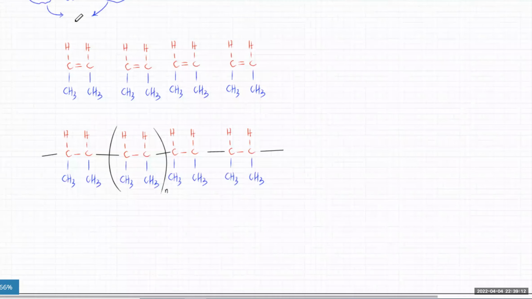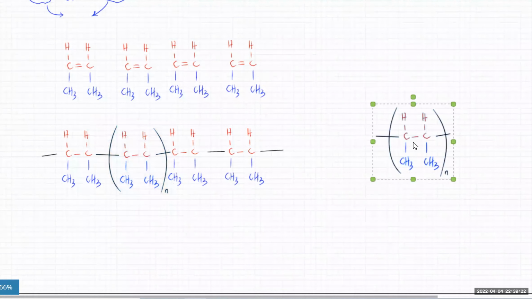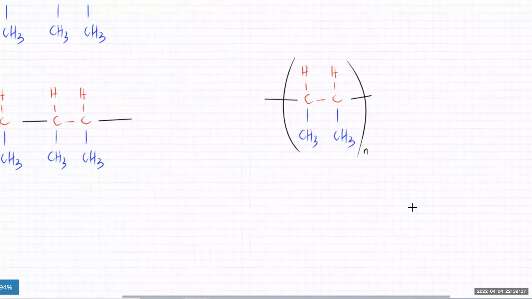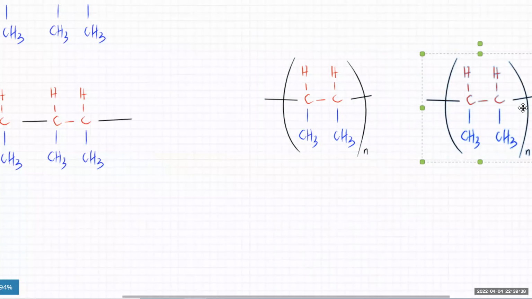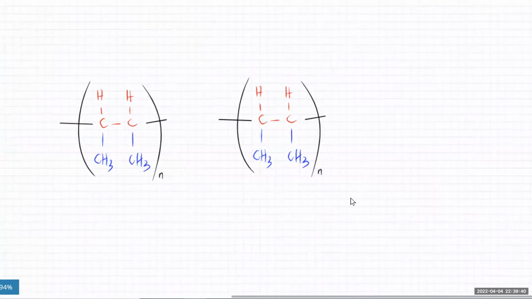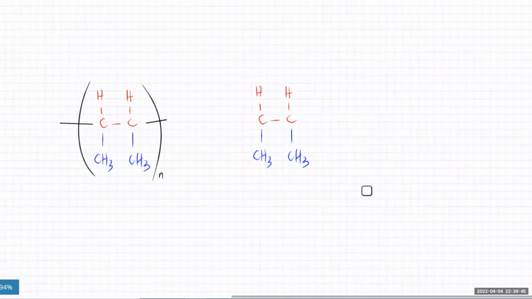And finding the monomer is really easy. If you're given the repeat unit, you don't have to do what we did earlier. If I want to find the monomer, all I have to do is get rid of the continuation bonds, this N over here, and put the double bond back in the middle.